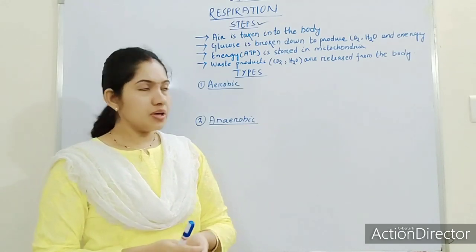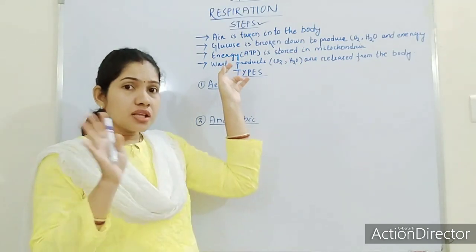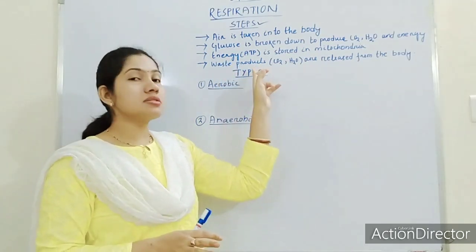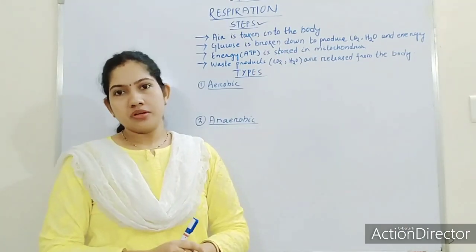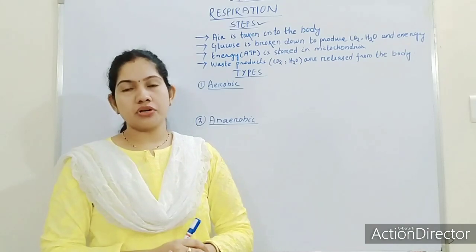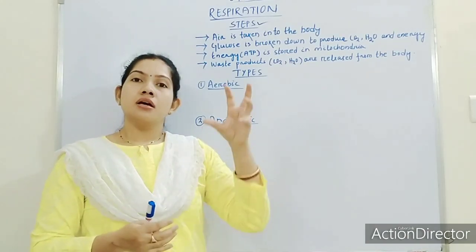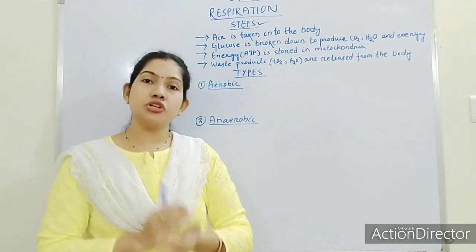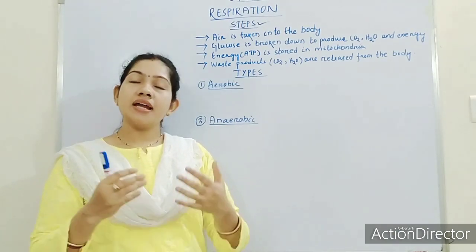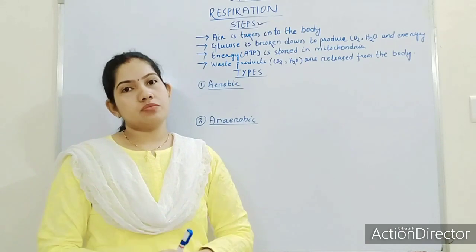The last step is that waste products such as carbon dioxide and water are released out from the body. As a byproduct, the carbon dioxide and water formed during respiration will be released out of the body.